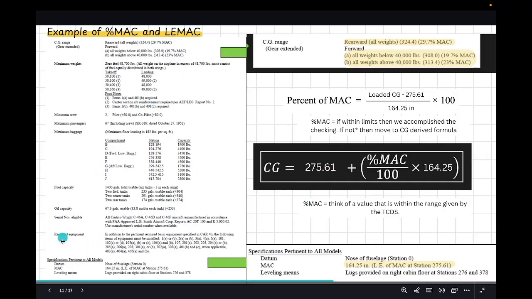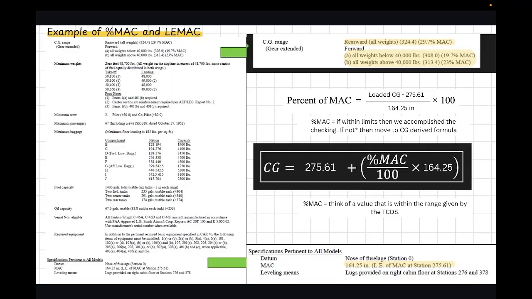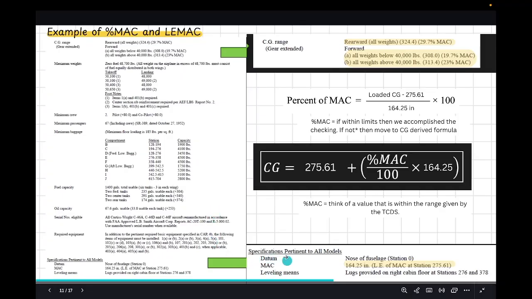And then, here at the bottom, before we proceed to the example, let's zoom in. We have here the datum, the Mach, and the 11 means. But let's focus first on the datum and Mach. The datum indicates it is at the nose of the fuselage, which we will use later in the solving process. And the Mach is also given.